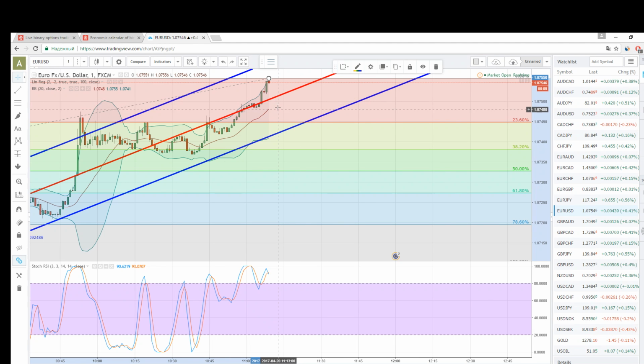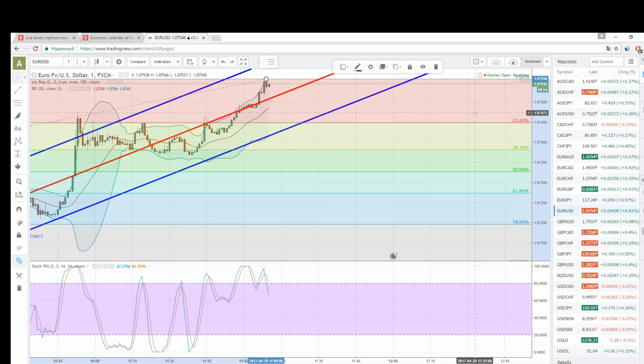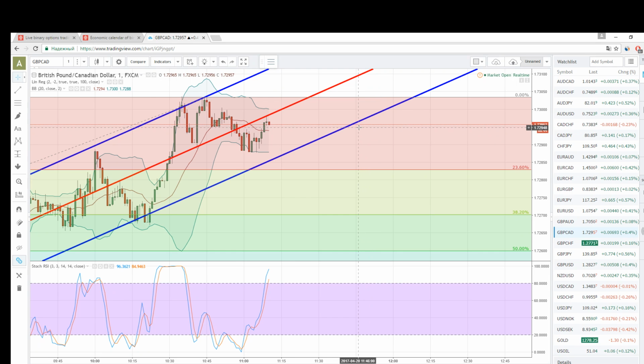So right now we see that it reached its highest point on the chart and reflected. It started to move down, but for me that's telling me that the price is testing a new level and I'm not ready to enter.